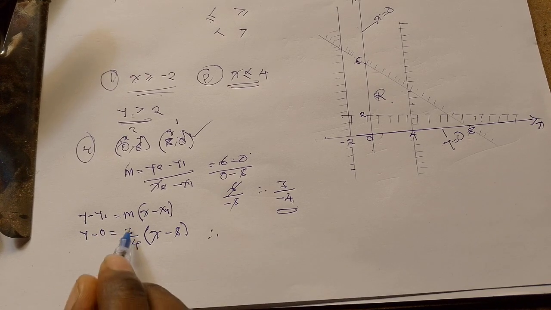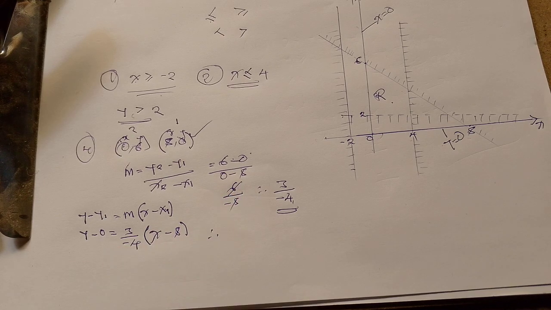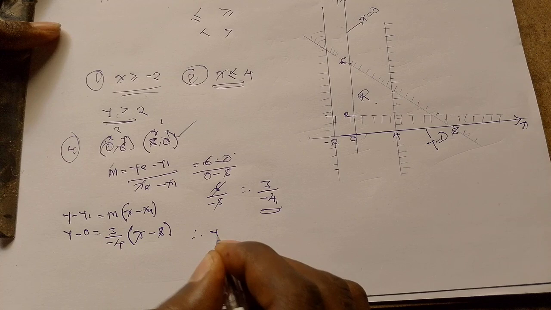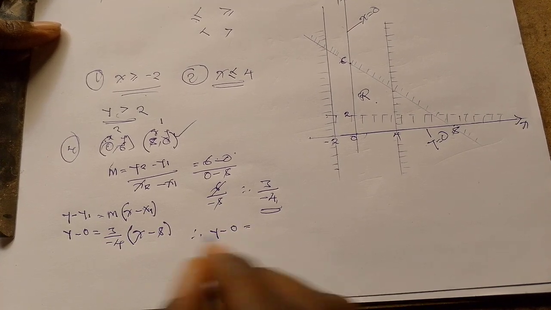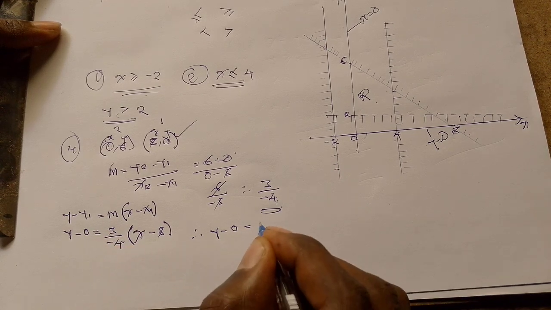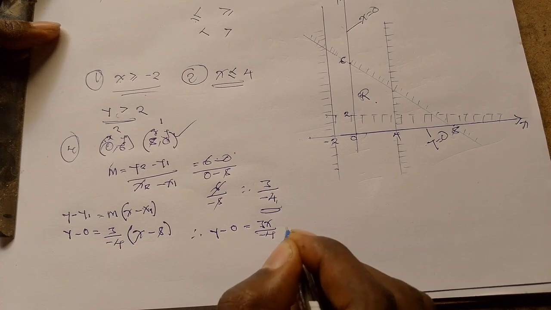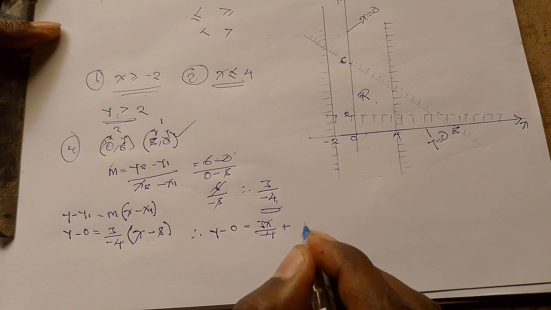I know that this number is like a scalar. It will multiply whatever elements are inside the bracket. So let me bring down my equation. y minus 0 is equal to, then if you're multiplying 3 over negative 4, you're going to get 3x over negative 4. Then this is negative, and this negative inside, you're getting a positive.